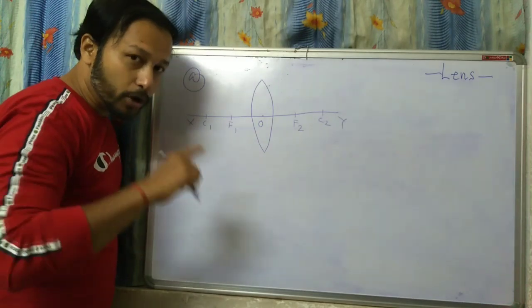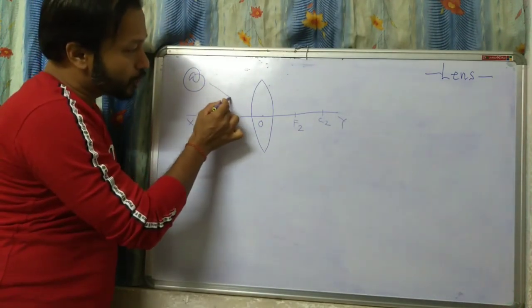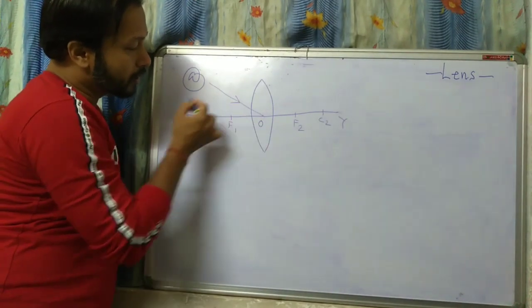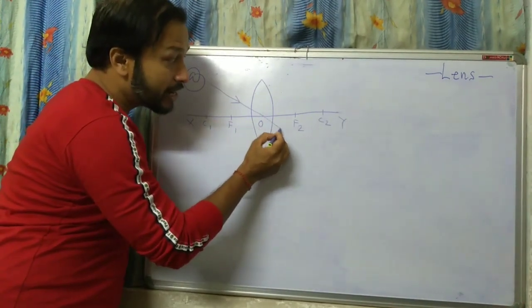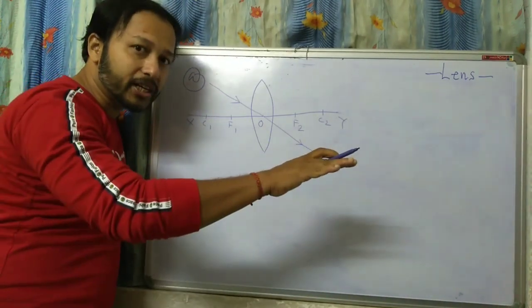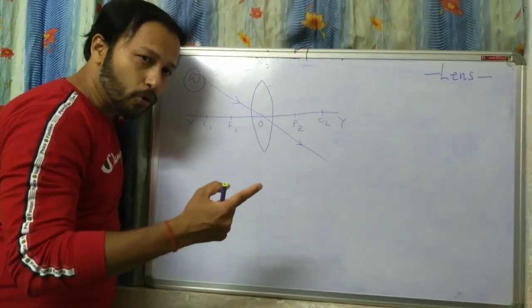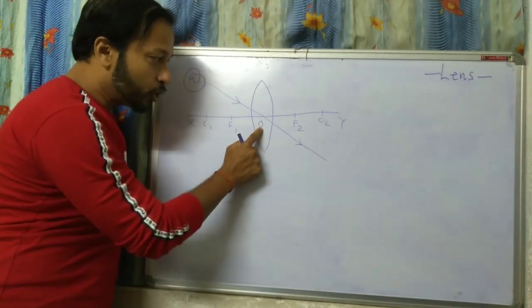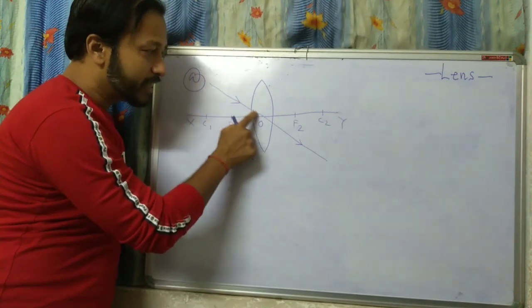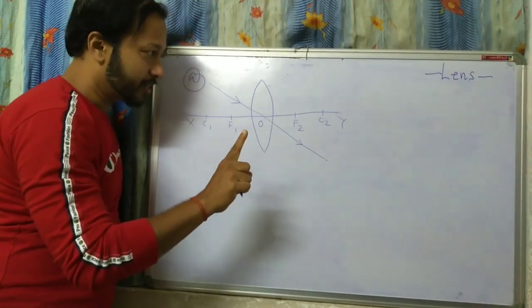Now, I told you before that when a ray passes through the pole, it goes undeviated. It goes in the same direction. Actually, pole is the only point, as I told you in the definition of pole, through which if a ray goes, that ray goes straight without any deviation.